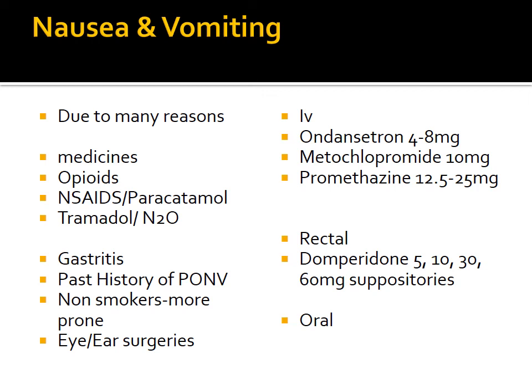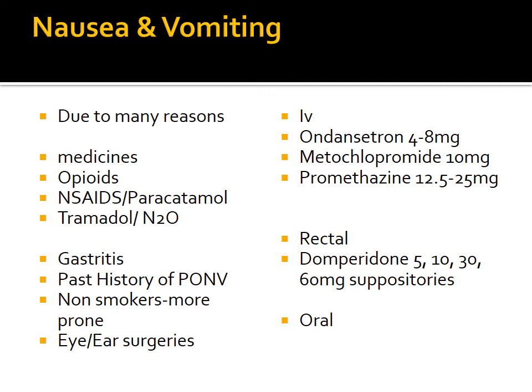See whether the patient has a history of gastritis or reflux, or a past history of post-operative nausea and vomiting, as this time also the patient might have it. Non-smokers tend to have post-operative nausea and vomiting more than smokers. Eye surgeries and ear surgeries, sometimes even sinus surgeries, are associated with vomiting.